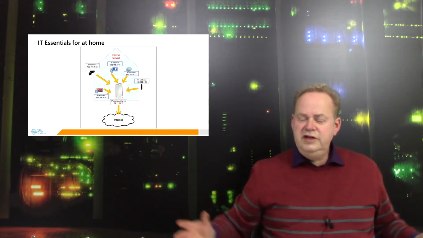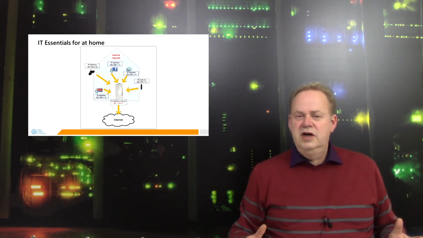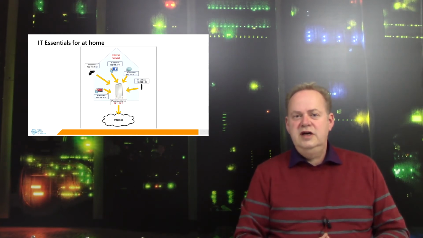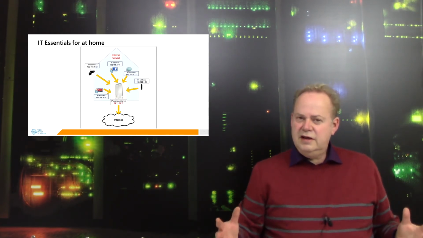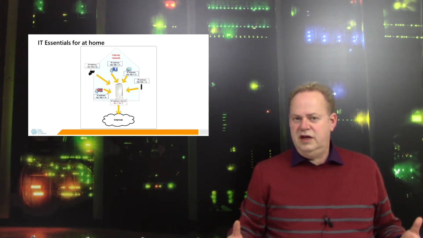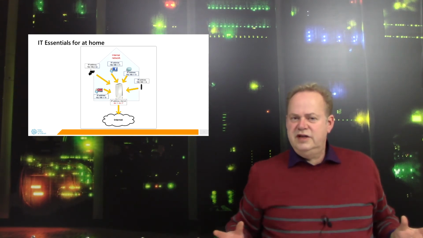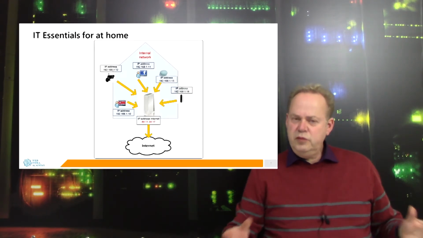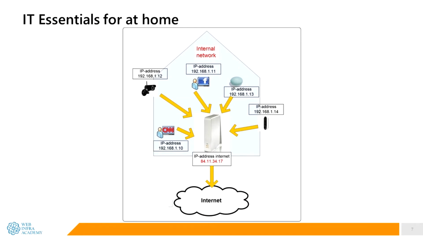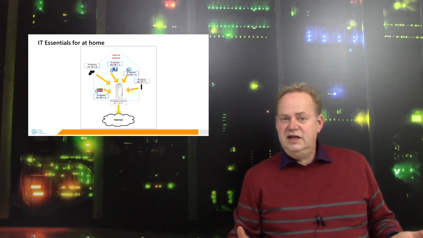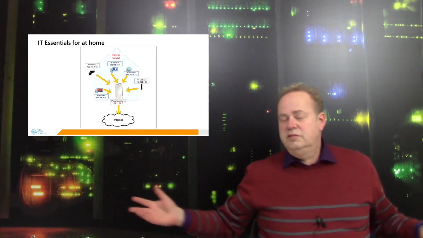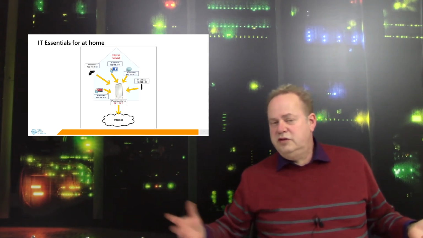But all your devices, all your laptops which are connected to this router get their own internal IP address. We call this an internal network. It's your own network in your house. Each device which is connected to this router gets an IP address in the range of 192.168.1.1, for example, or .1.2.